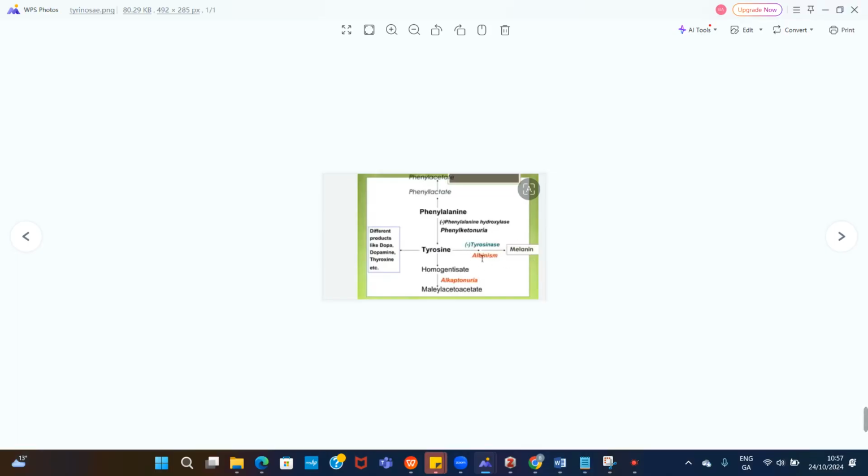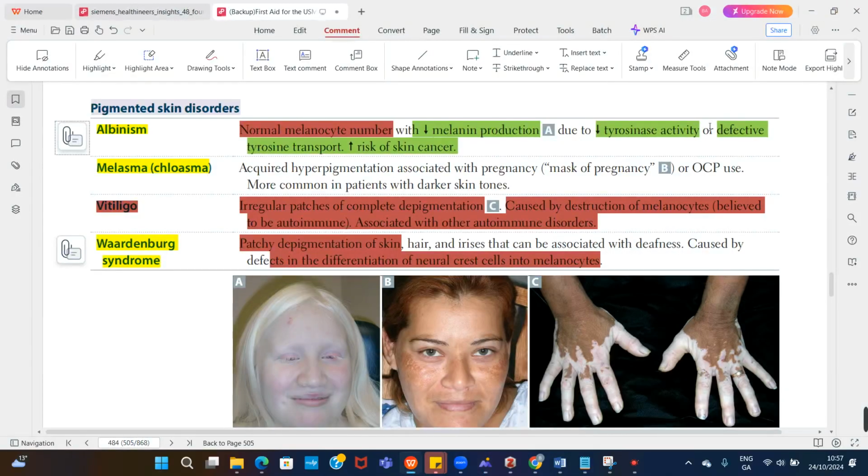So if it's a problem of tyrosinase deficiency, definitely the inheritance pattern is going to be autosomal recessive. The code to figure that out is that once you see a condition, in 90% of the situations, please don't quote me, I'm not saying 100%, once it's involving an enzyme, it's going to be autosomal recessive. So that can help you figure out some of those inheritance questions quickly.